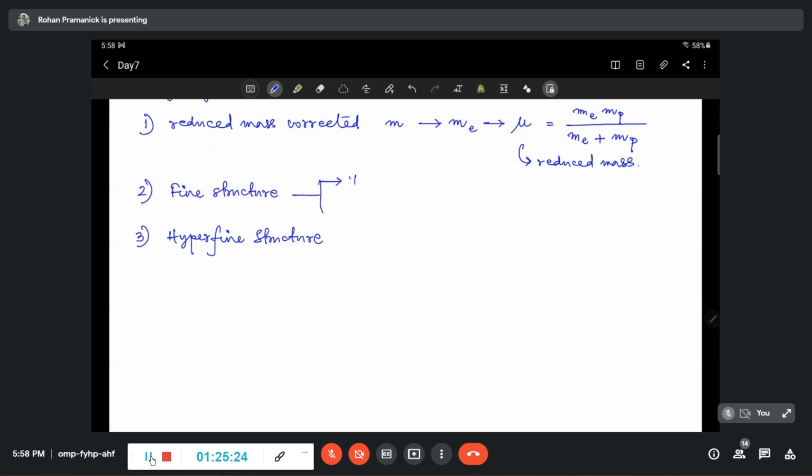First, there is a relativistic correction. We have to take into account the relativistic correction to the energy of the electron, or the speed at which the electron moves, if it is too relativistic.